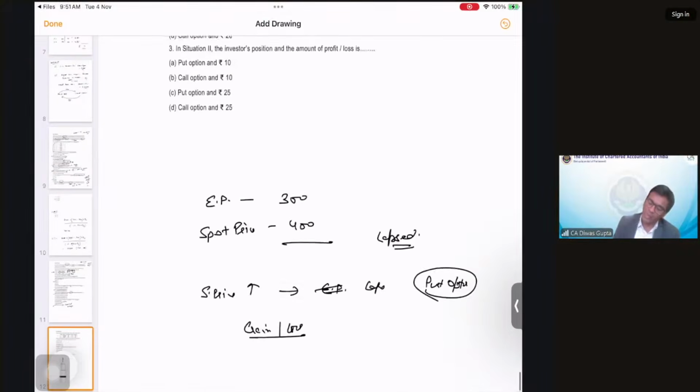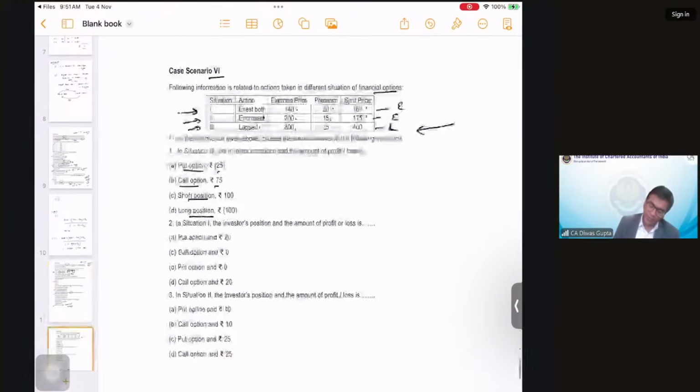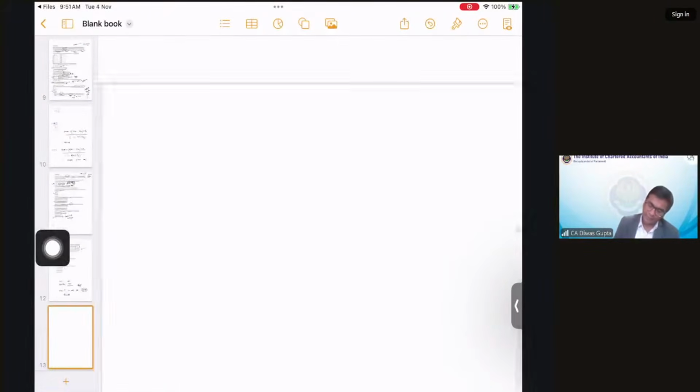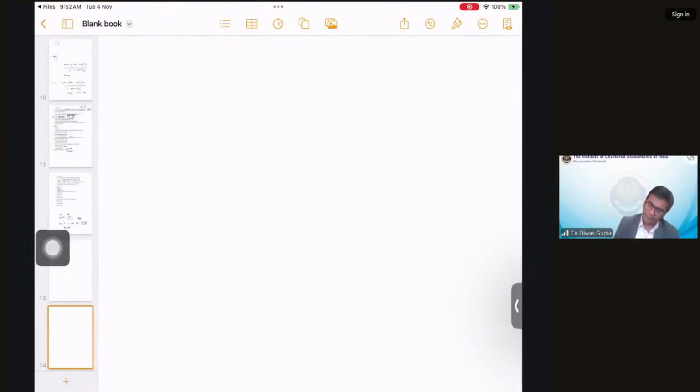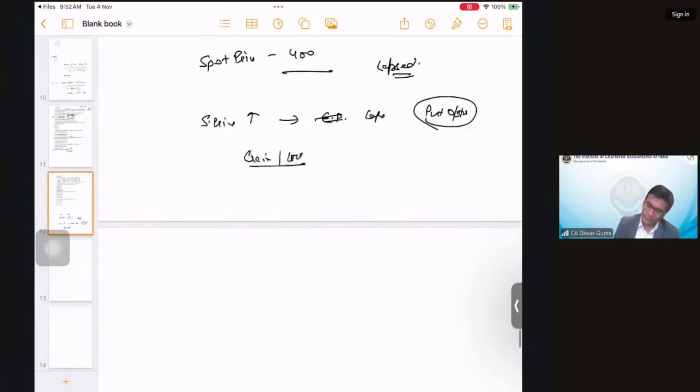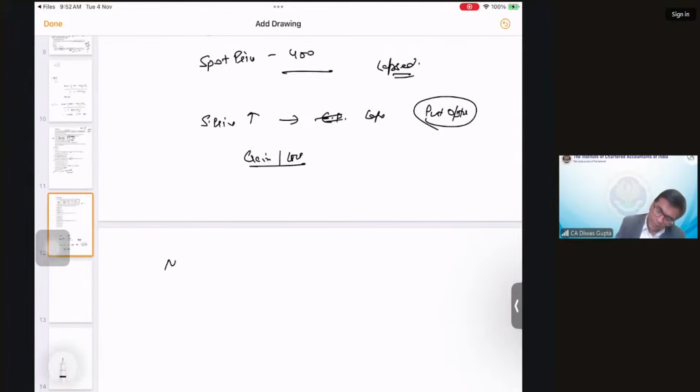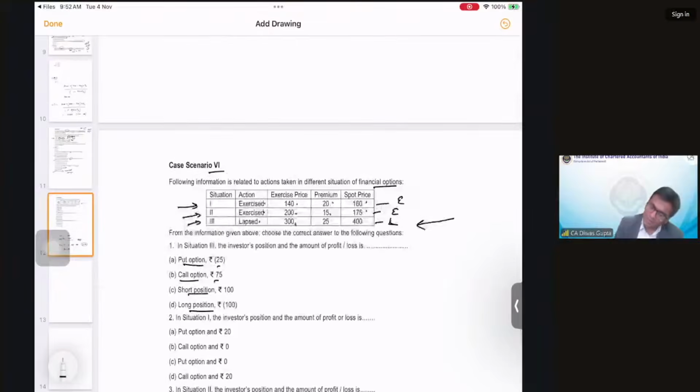First of all, there is no payoff gain at the end, but there is a premium that has been paid of 25 rupees.